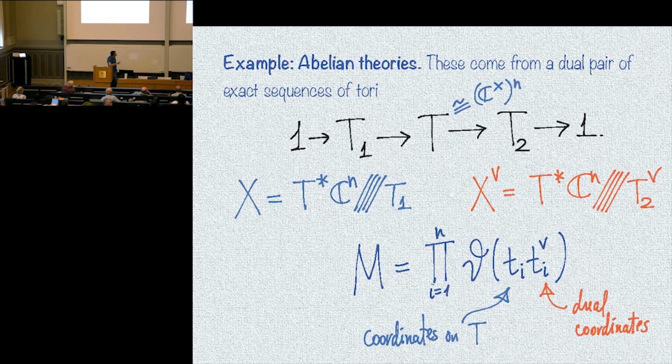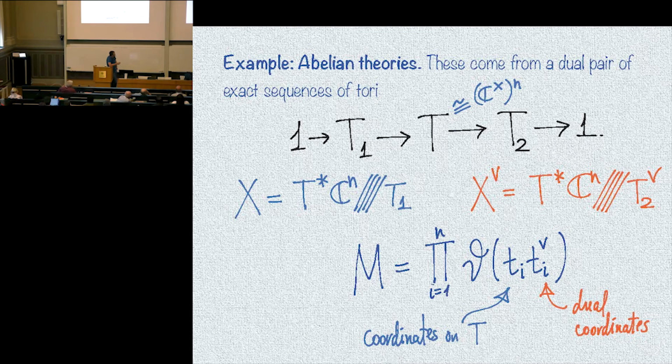So if I have a torus acting on n-dimensional space, then if I have any subtorus and quotient torus, I can form X to be the reduction of T star n by T1, the subtorus. And X check would be, I'll take the dual picture and reduce by the dual of T2.